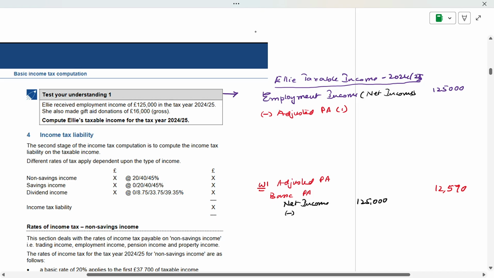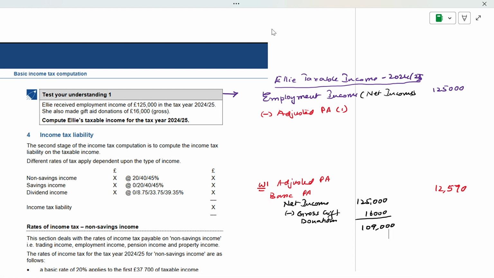You have to write the gross gift donation. If you take 16,000, it comes to 20,000 grossed up.